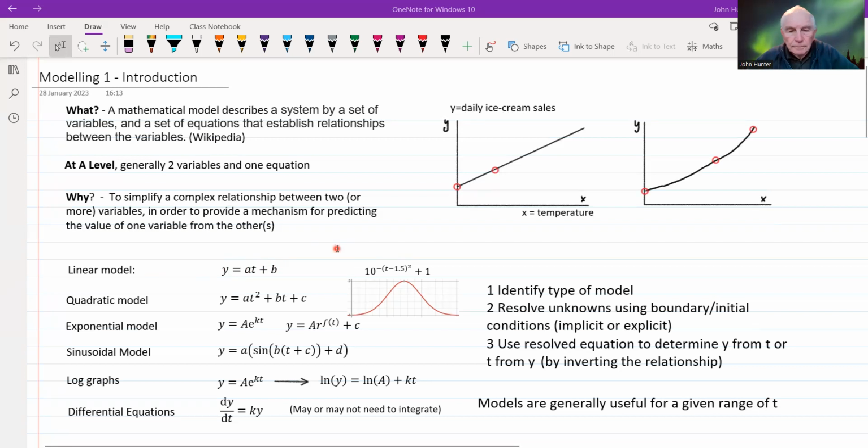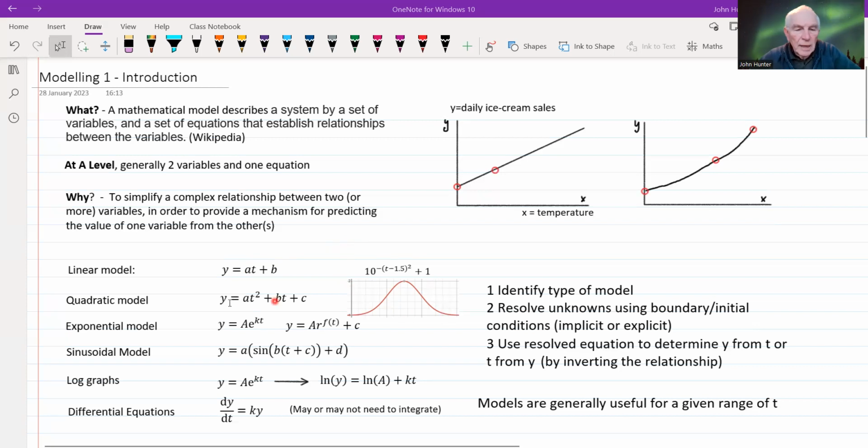Now, what happens if we think, well, as we increase the independent variable, it seems to kind of accelerate away, or maybe it slowly decays down to a y value of 0? Then we might be interested in something which is not a straight line, but possibly a curve.